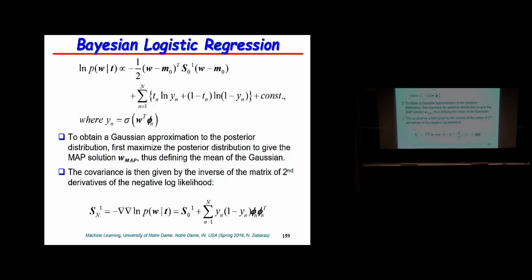Laplace approximation. So what you do is take derivatives with respect to W, set them to 0, find a MAP estimate, compute second derivatives, and estimate basically the covariance. And then you are ready to go. By the way, the calculations are straightforward, because we already discussed first derivatives and second derivatives for this.